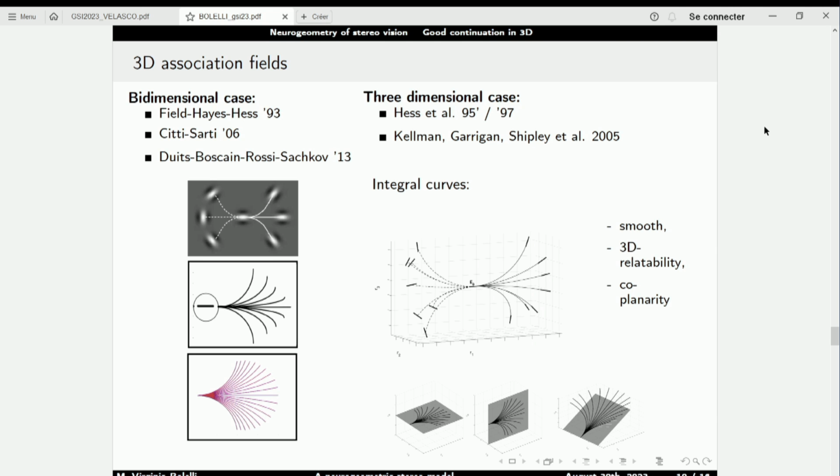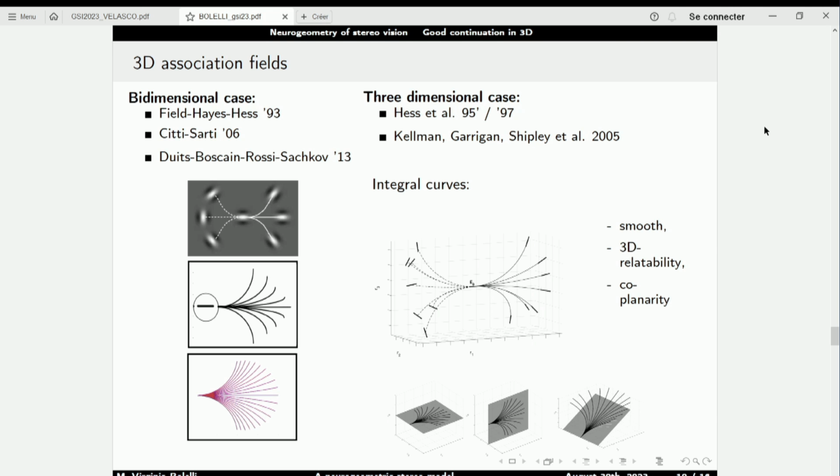Okay, in the three-dimensional case, the curves that are suitable to describe association between oriented elements have been studied using psychophysical experiments. And in particular, they are required to be smooth. They are required to satisfy the geometry of 3D relatability, which is actually the transposition to the three-dimensional case of alignment and co-circularity. And moreover, they are required to satisfy the coplanarity constraints.